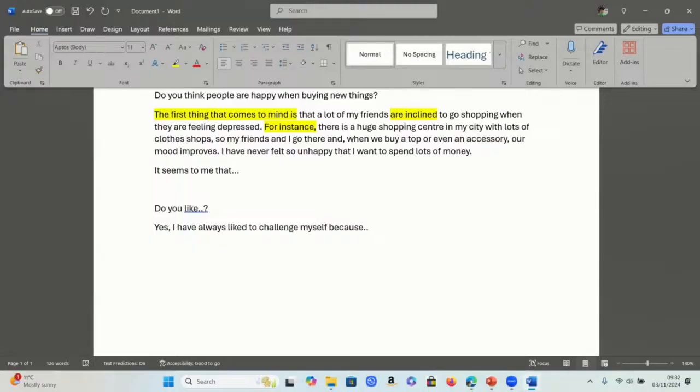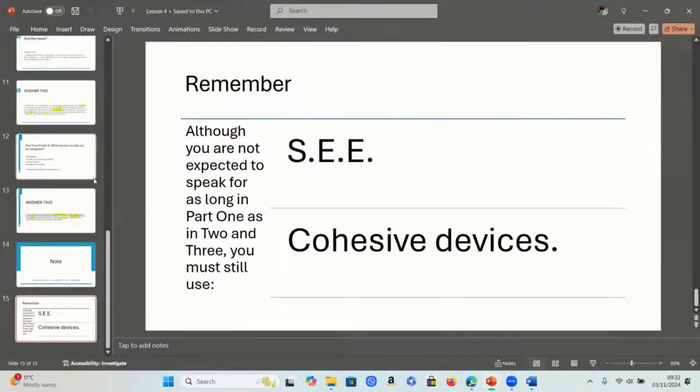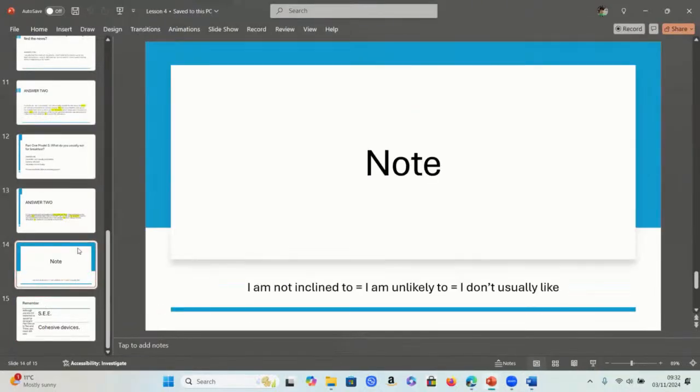Like I said at the beginning, you're looking for these opportunities. Now, you could say other things. You could say it better. I have always been inclined to challenge myself, due to the fact that. It's the same thing, but the words are better. What was that other expression I said earlier? I'm unlikely to. Oh, right. I am not inclined.